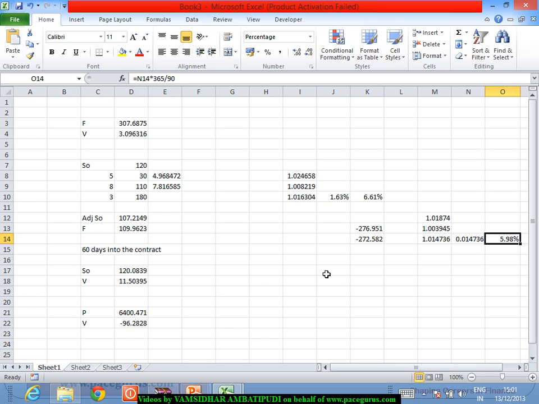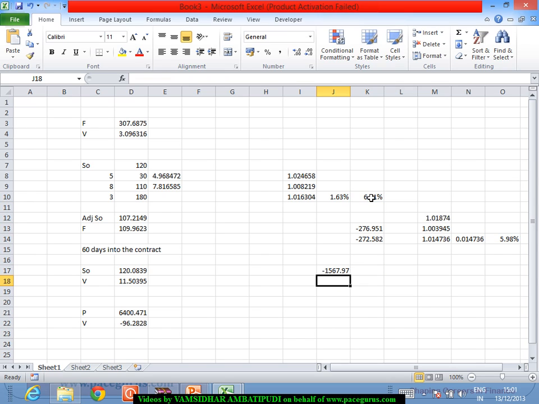6.861%. Now again, you can find out the value as on that date. You can very well find out the actual value minus the contracted value. This is for the 1 year, multiplied by 90 by 365, multiplied by 1 million.